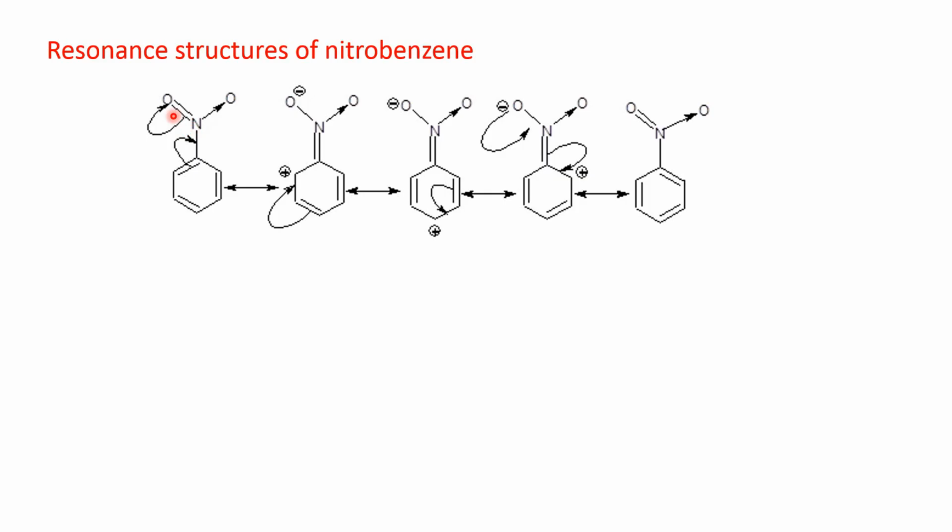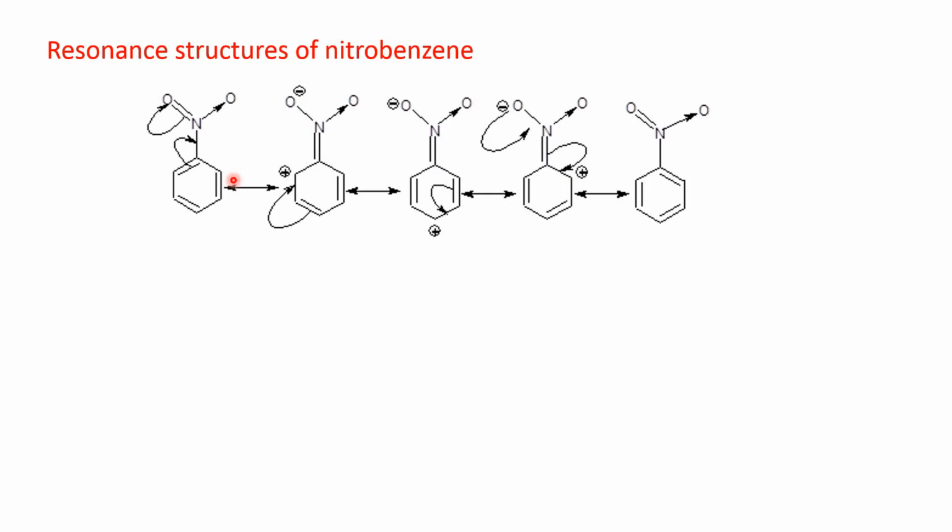The key atom must be attached to another electronegative atom by a multiple bond. That is the condition for a deactivating group. In the deactivating group, the key atom is attached to another electronegative atom, here it is oxygen, by a multiple bond. Here it is a double bond. So those are deactivating groups. Deactivating means they deactivate the benzene ring for further electrophilic substitution.